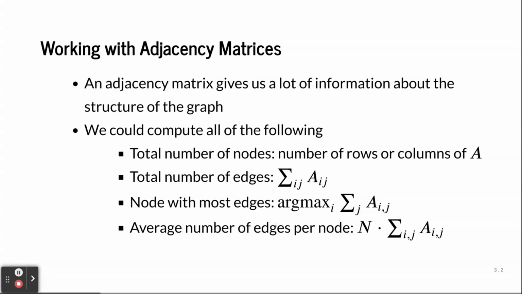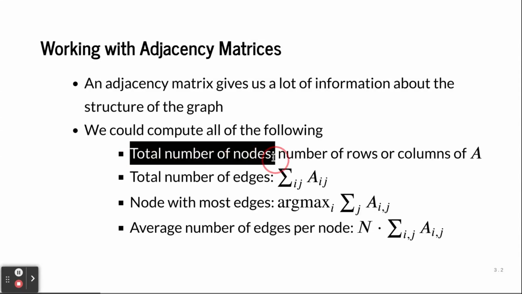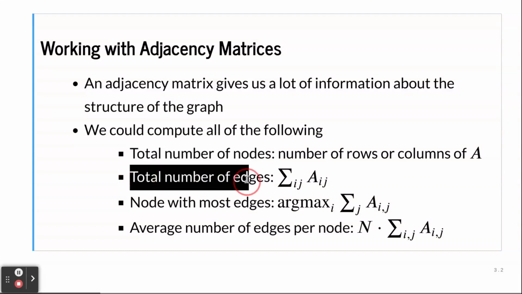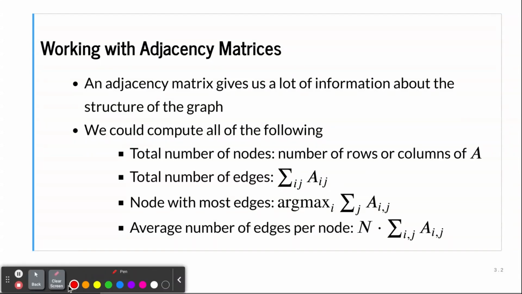For example, you could compute the total number of nodes in the graph by looking at the number of rows or columns in that matrix A. You could also compute the total number of edges in the graph by summing up the elements in A. And we'll make the slight adjustment here that for the undirected graph we had before, we'd actually have to divide that by 2 so we don't double count that symmetric connection.